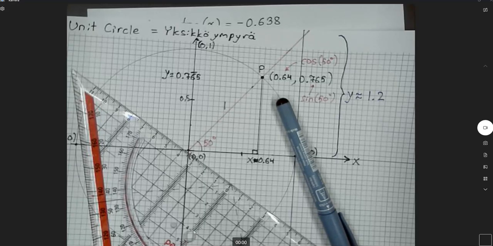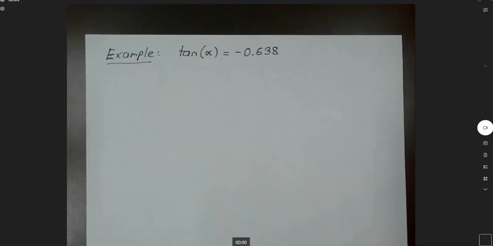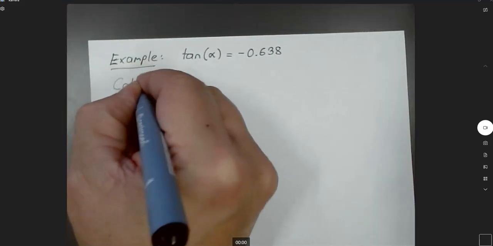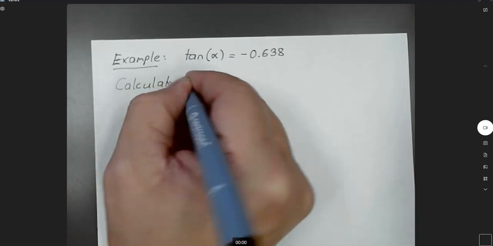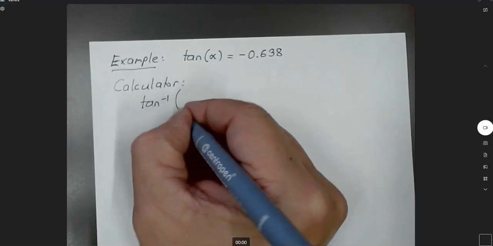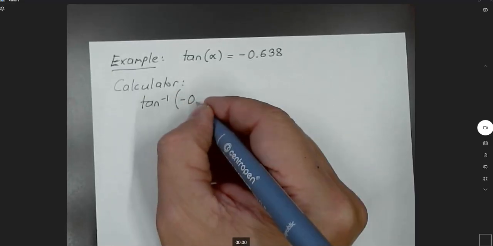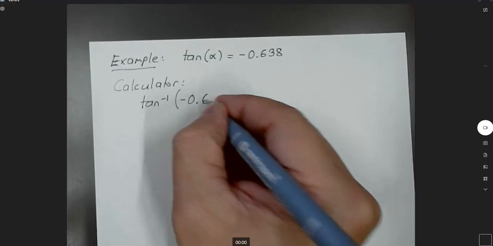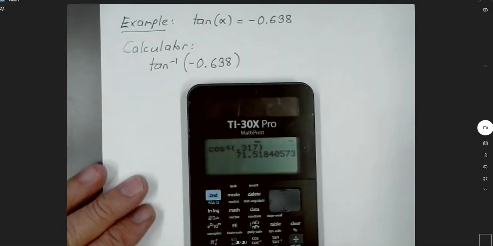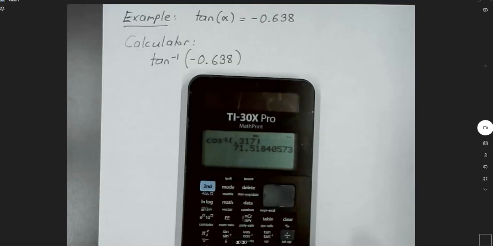So when we are solving this kind of equation, again we use the calculator first. Inverse tangent of minus 0.638, and let's see what we find from our calculator.